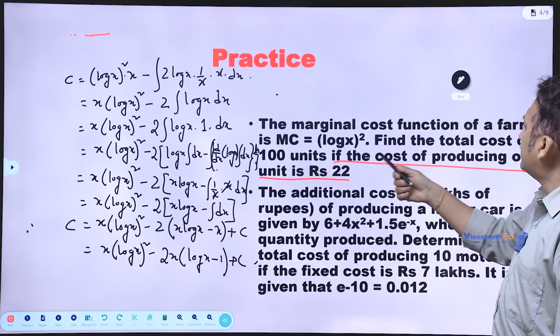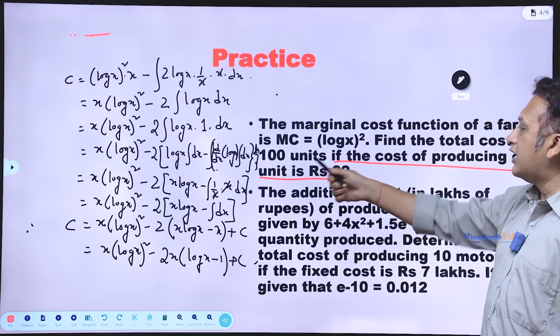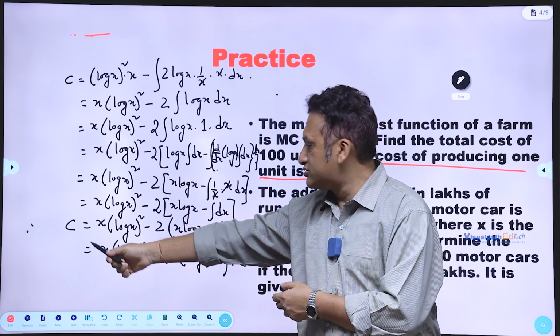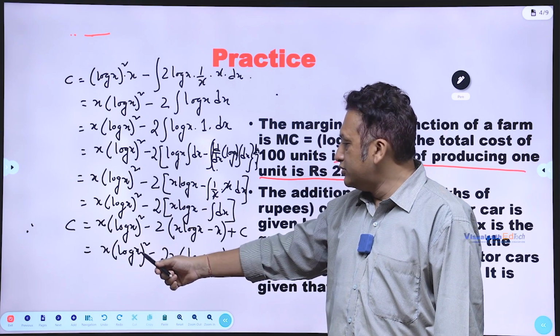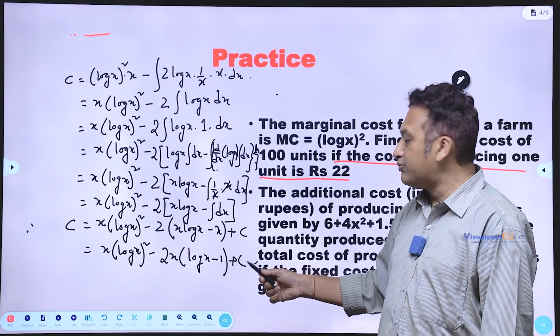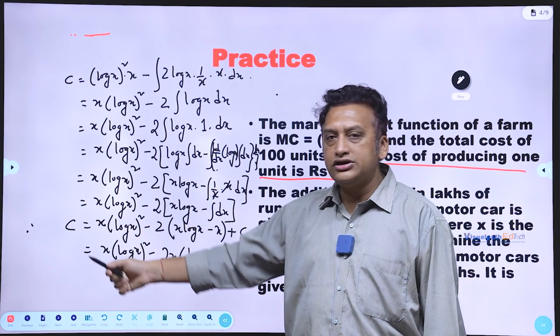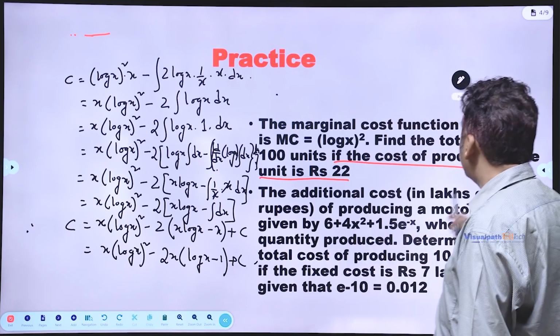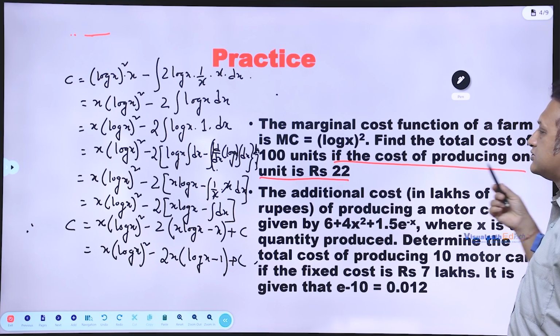The question is, find the total cost of 100 units. Right now we have got only total cost function. So C is equal to x into log x whole square minus 2 into x log x minus 1 plus C. Here everything is known except for the constant. We don't know what is the value of the constant. So for that we will be using this information.